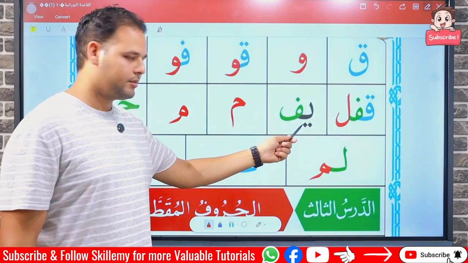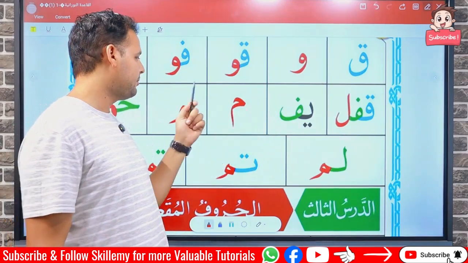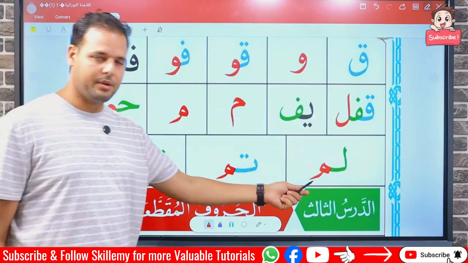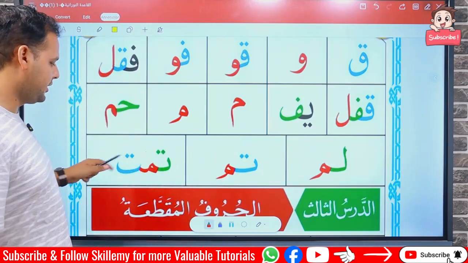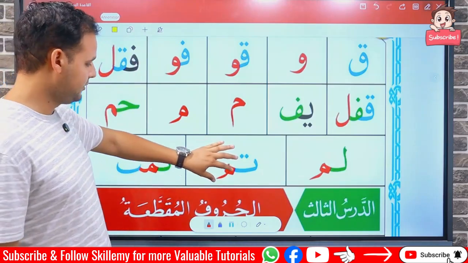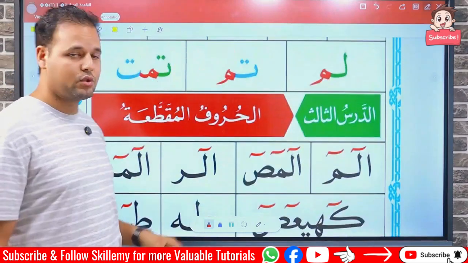Then here we have ya, that's 2 dots down, fa, ma, this is also ma, ha, ma, and then la, ma, ta, ma, and then here ta, ma, ta. That means done. So that's the second lesson, which is how to join the alphabet.